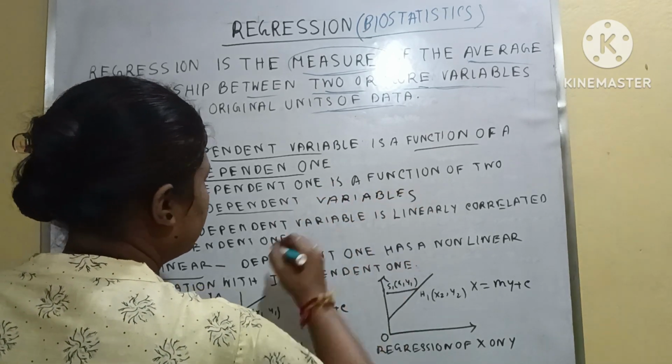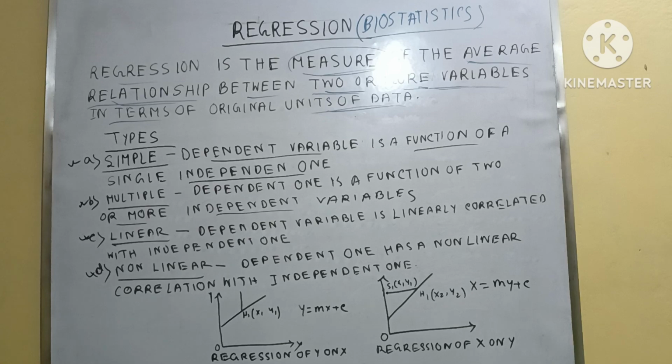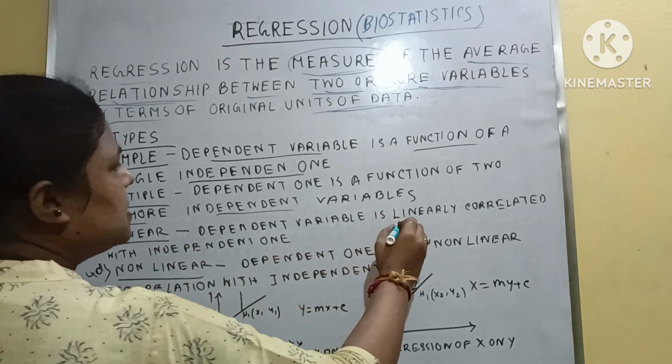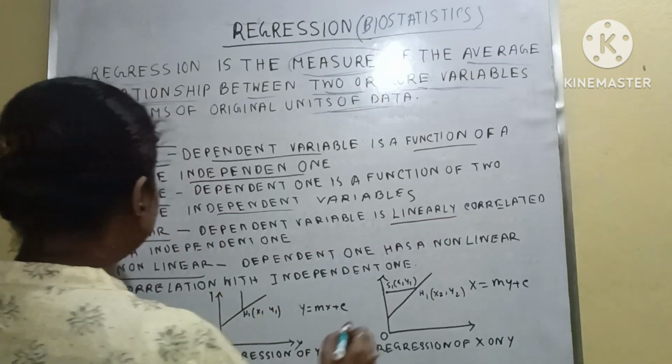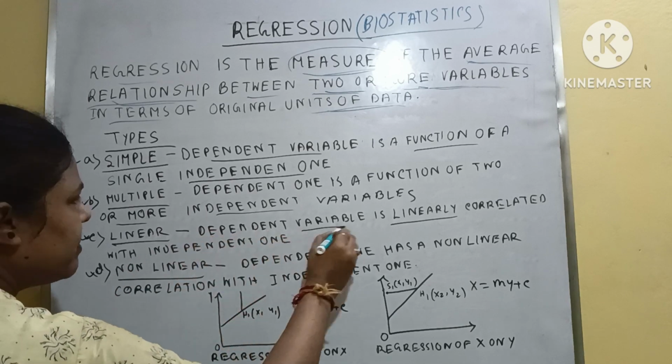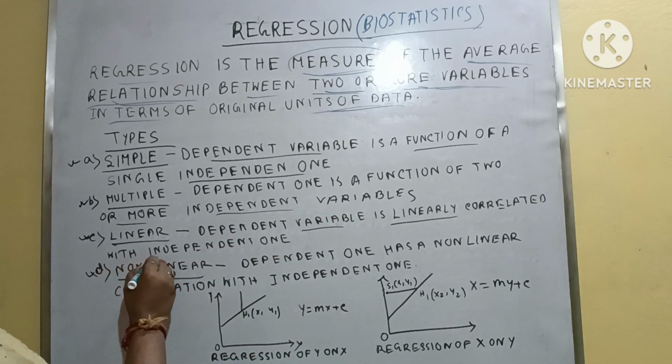Third is linear. In linear regression, the dependent variable is linearly correlated with the independent variable.